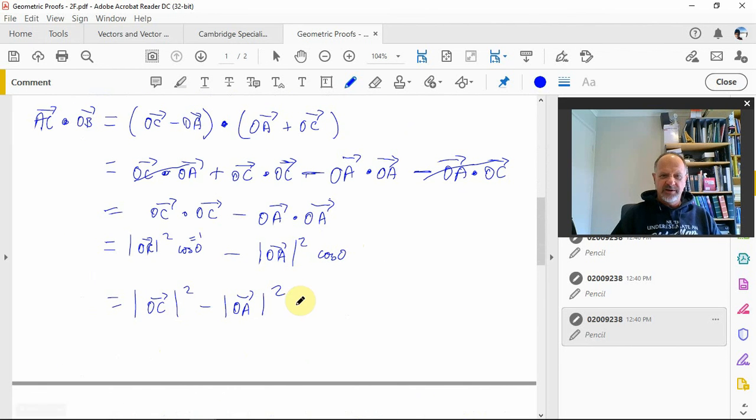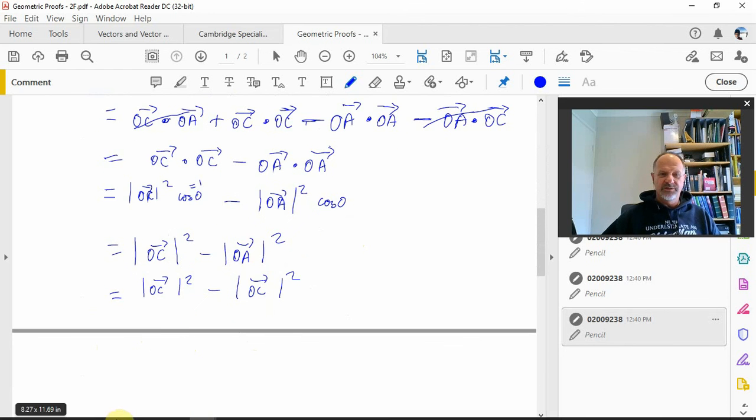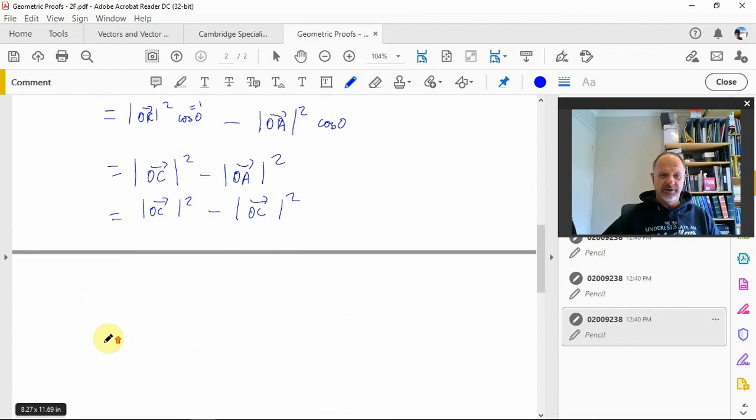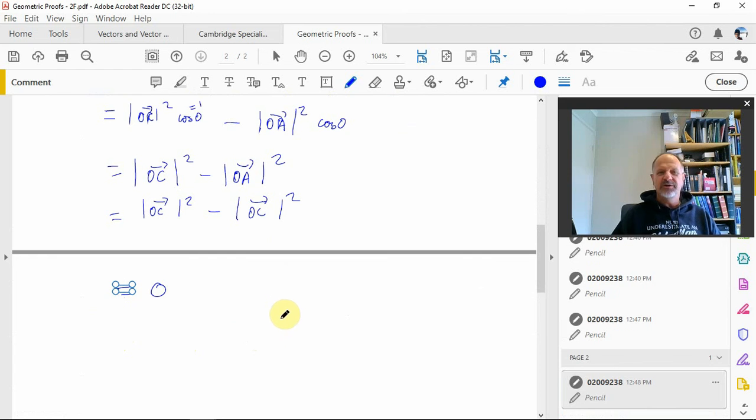So effectively we have the magnitude of OC squared minus the magnitude of OC squared, which equals 0.